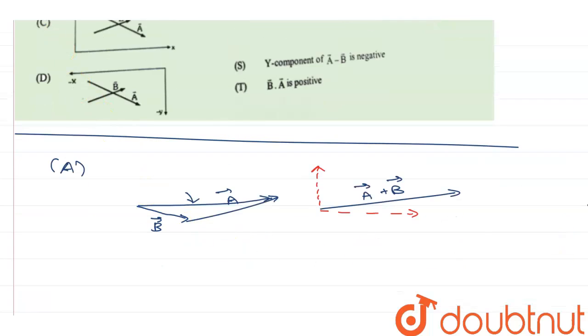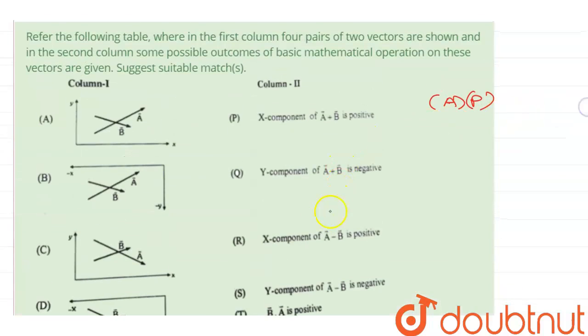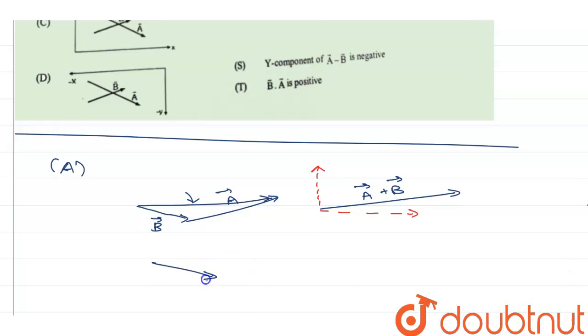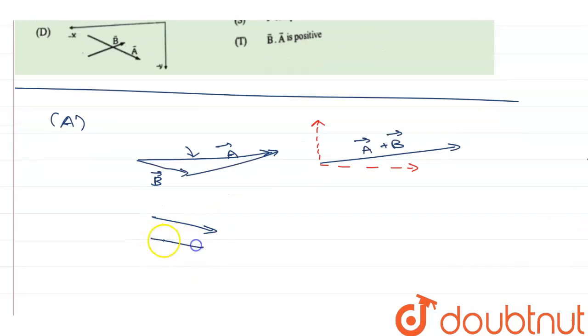Now what I'll do is I'll rearrange these, but I need to find A minus B. So if B is pointing like this, negative B will be same but with different direction, that is this. So if this is B, this will be minus B. So once again I'll use the property of sliding of vectors.